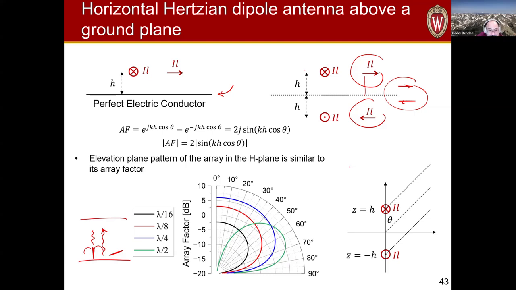So you can go ahead and do a very simple analysis for a horizontal dipole on a perfect electric conductor. This horizontal dipole will have an array factor that you can plot and see how it changes. This is something that we all do in our antenna courses, and it's pretty straightforward.